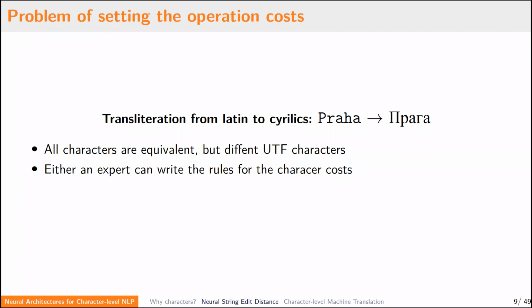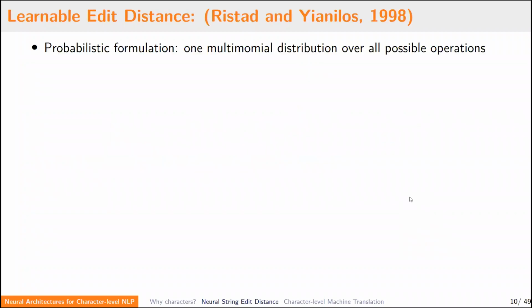So there are ways how we can learn these weights. One of the ways to learn these weights is the so-called learnable edit distance from 1998. And this reformulates the edit distance as a probability function.